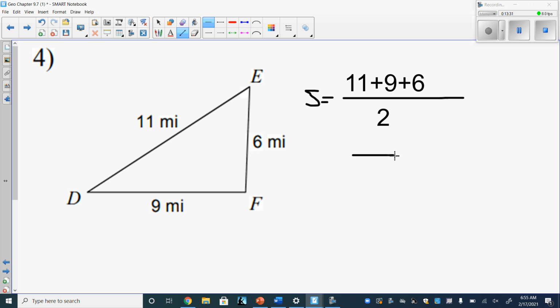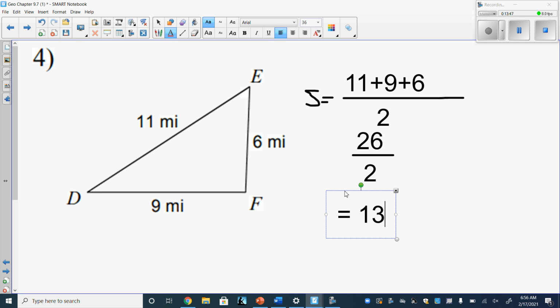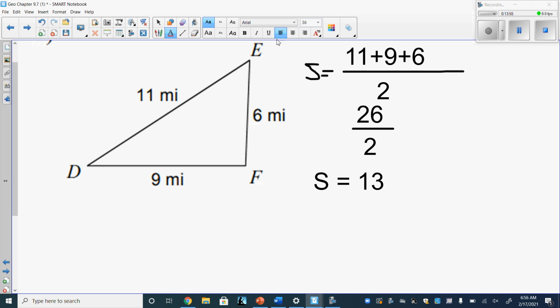So our three side lengths here added together, 11 plus 9 is 20, plus 6 would be 26. And again, we're still dividing this by 2. If we divide 26 by 2, we get 13. So our S value for this here is going to be 13.